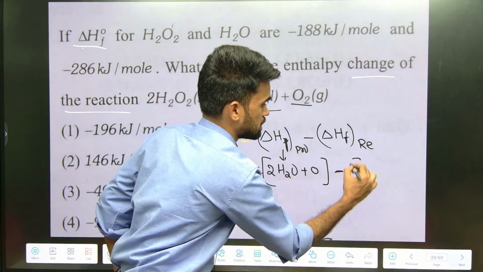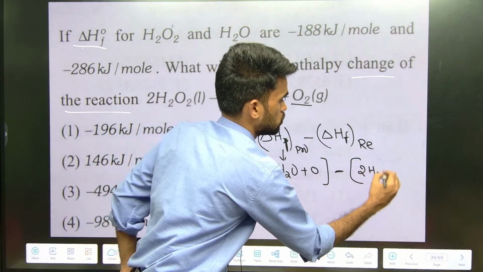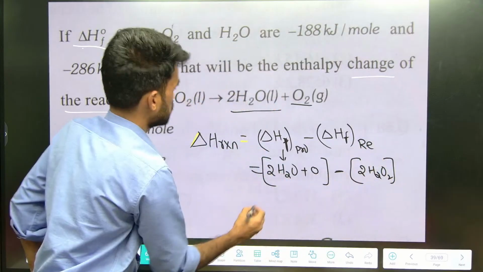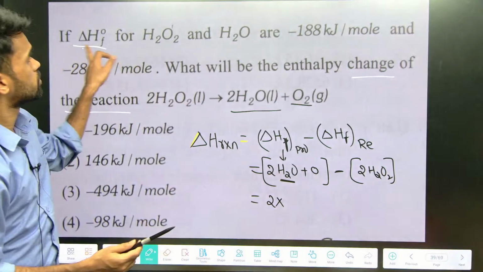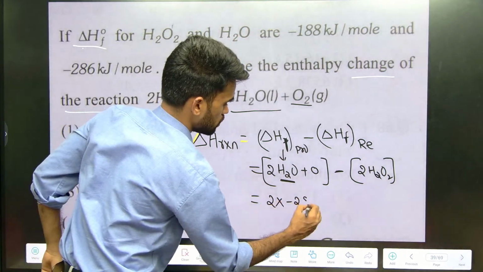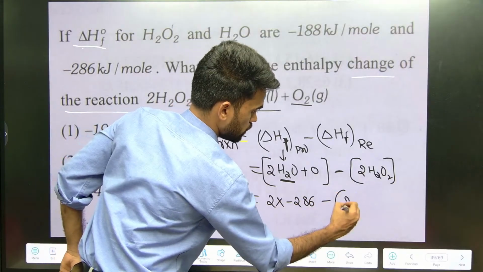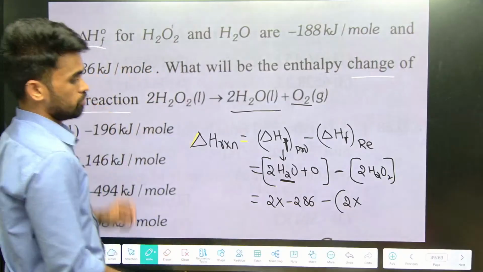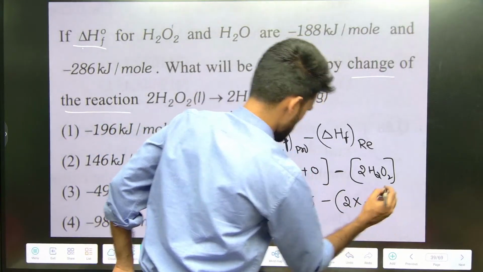Minus reactants, 2 H2O2. So do this: 2 into, for 1 H2O how much? Second value, minus 286, plus this one, 2 into minus 188. So just solve this.